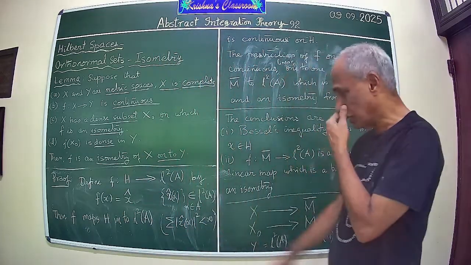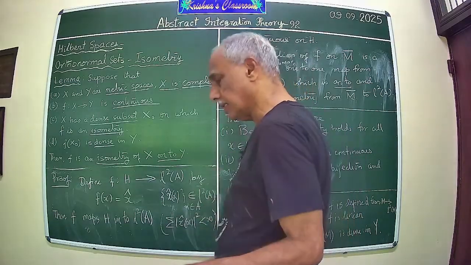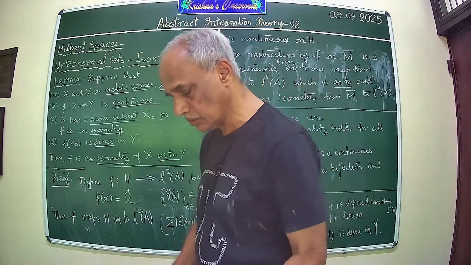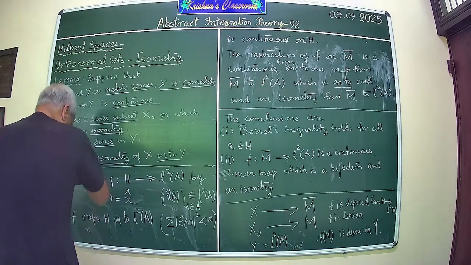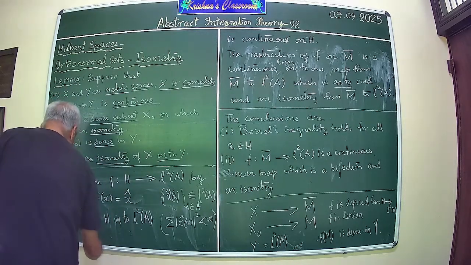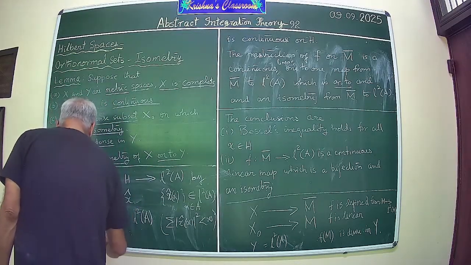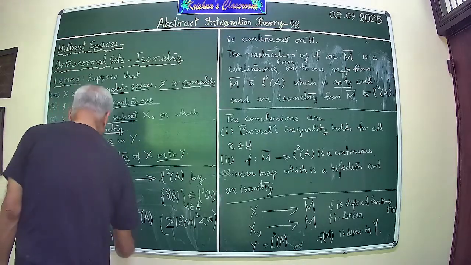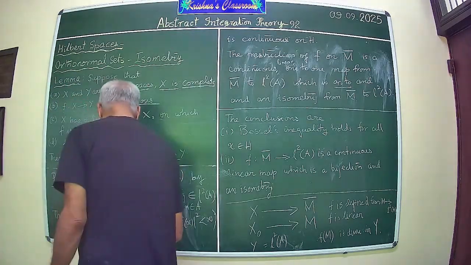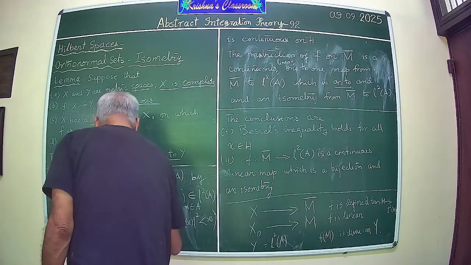Now this is a consequence of what you call the Bessel's inequality. That is, we have the sum over alpha belonging to A, whole square.